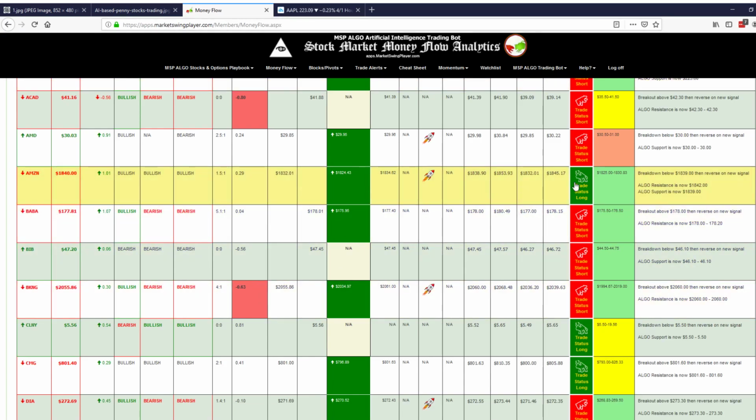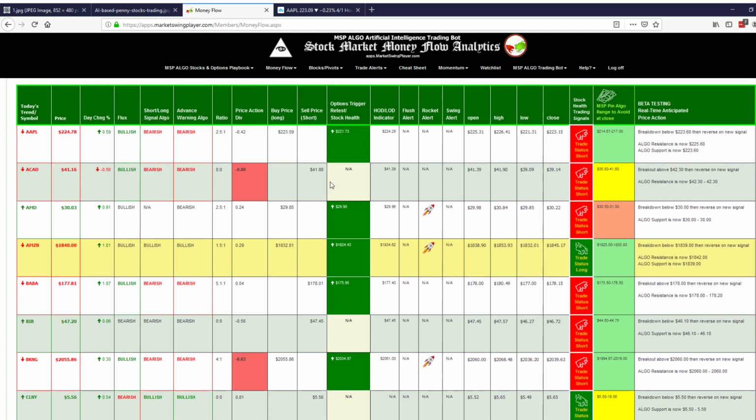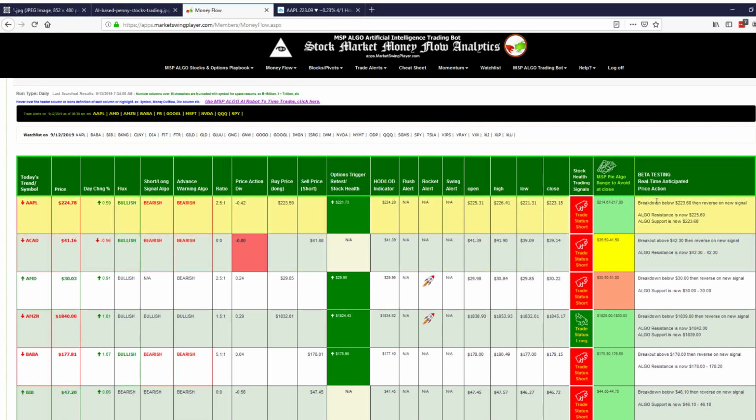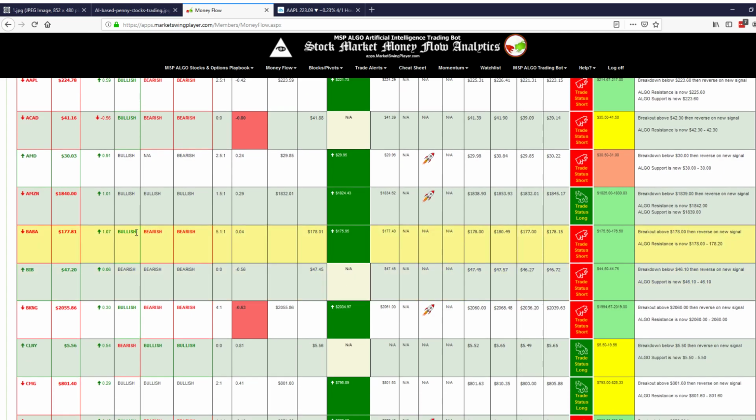Okay, so Amazon, like I said, our main focus is the real-time anticipated price action, because a lot is going on. Just because it says bearish doesn't mean that it's going to drop, right? Because this is in pre-market.